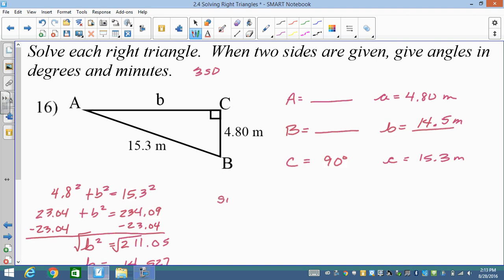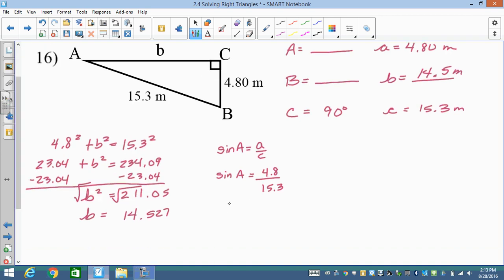So sine of A equals A over C. So sine of A equals 4.8 over 15.3. And I do the arc sine, so this is going to give me A equals the arc sine of 4.8 over 15.3.